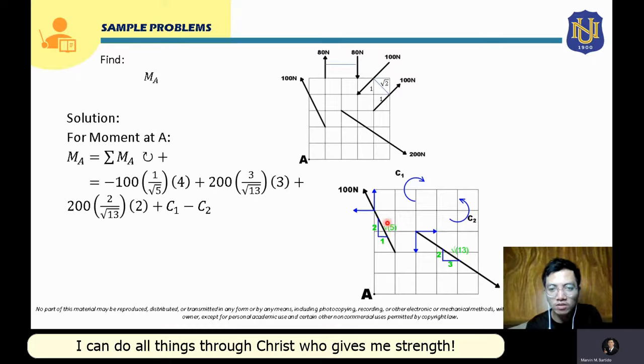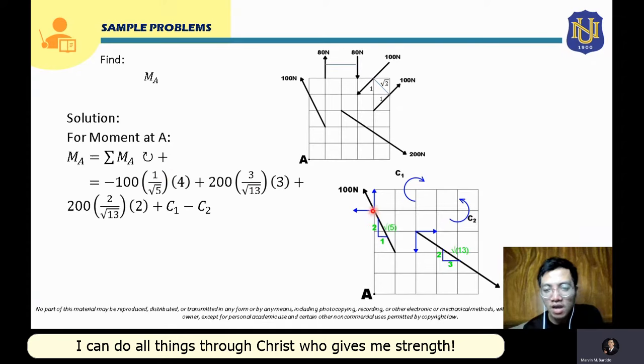So the hypotenuse of the slope triangle will just be the square root of 2 squared plus 1 squared. That is square root of 5. And from that, we can solve for the horizontal component of this 100 Newton force. That will just be 100 times the side in the slope triangle that is parallel to the component we are solving, which is horizontal. So that will just be 100 times the horizontal side, which is 1, over the hypotenuse, which is square root of 5. That will be the horizontal component.